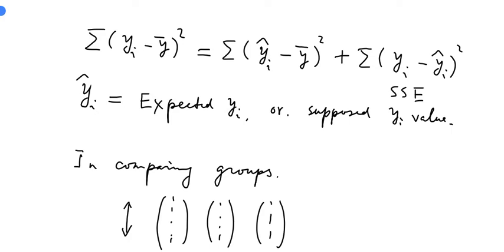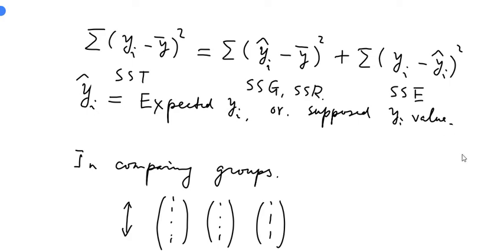And this part is T, and this part we sometimes call SSG, or group, or SSR, meaning regression. So this is just the name.